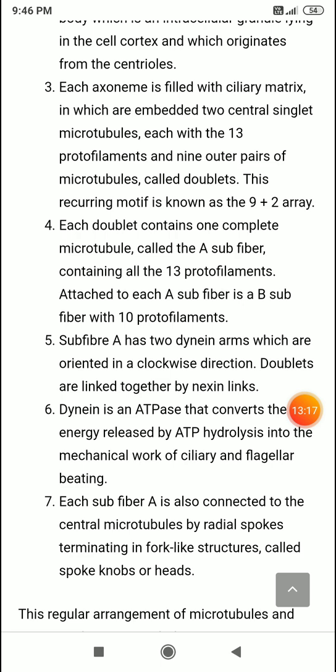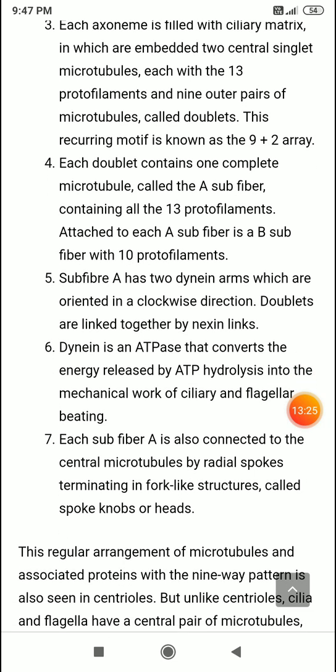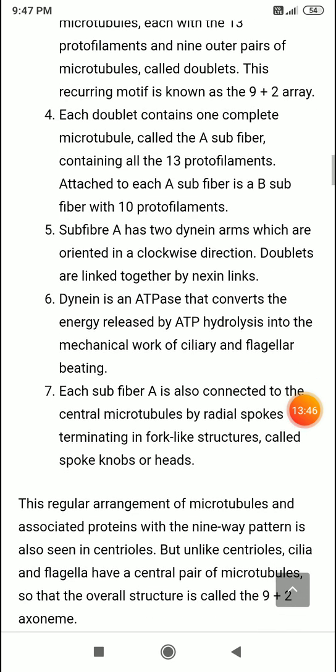Dynein is an ATPase, adenosine triphosphatase, that converts the energy released by ATP hydrolysis into the mechanical work of ciliary and flagellar beating. Each A subfiber is also connected to the central microtubules by radial spokes terminating in knob-like structures called spoke heads.